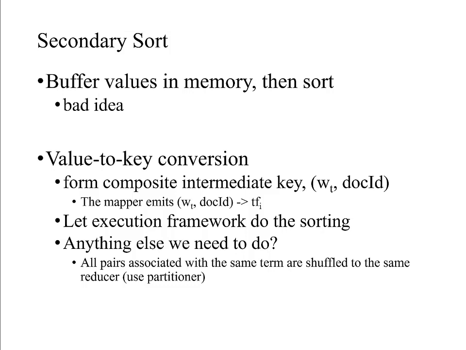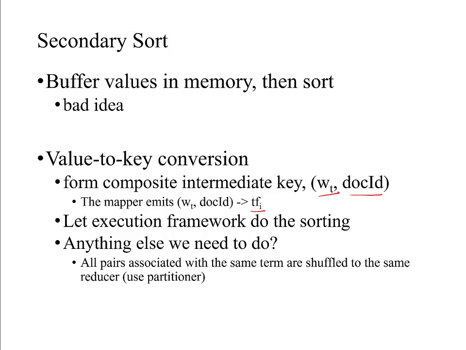So we convert the value to be key or part of key. In our case, we form the composite intermediate key, which is the term and the document ID, and we use the term frequency as the value. Then the execution framework will do the sorting for us.